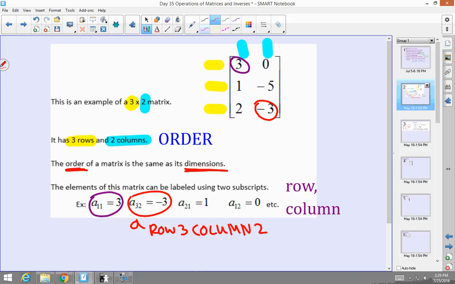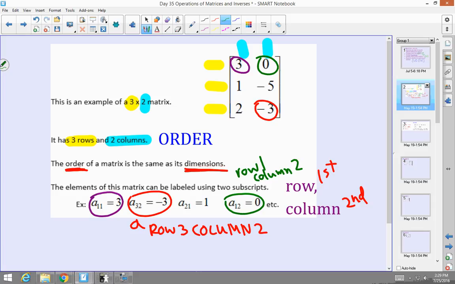So the first number is always your row, and the second number refers to the column. So A12 means row 1, column 2. That is that guy there. That's just a way to talk about the size of a matrix.